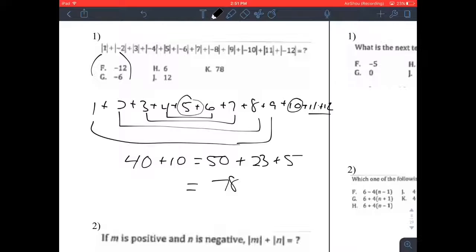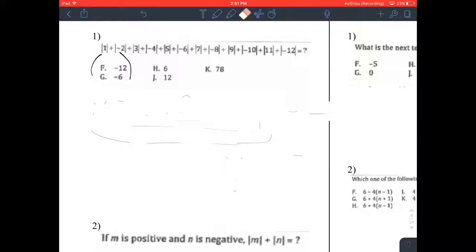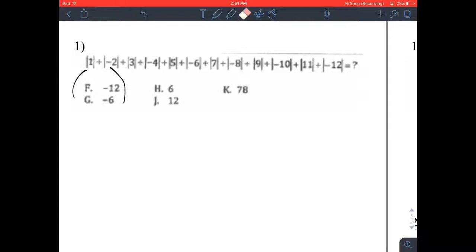And really, there's a strategy here that I just totally blew off. If you look at these absolute values, we're adding in every case. So this number is going to get big. None of these answers make any sense other than 78. Just by elimination alone, you know that should be the answer.